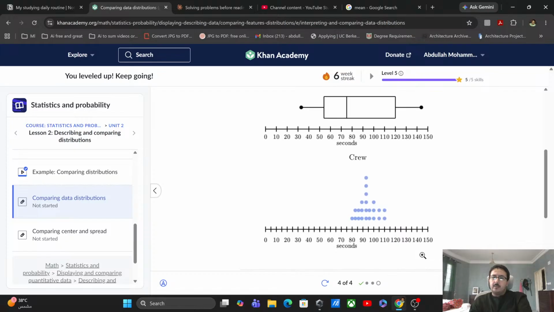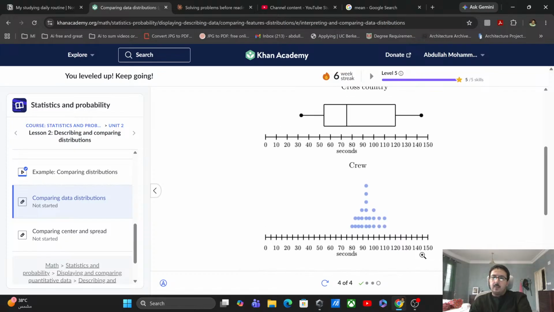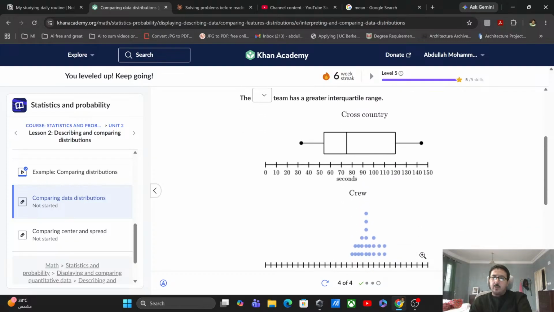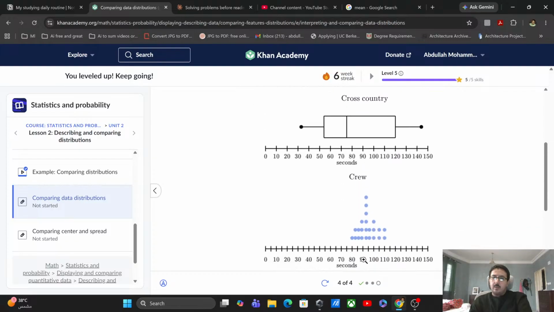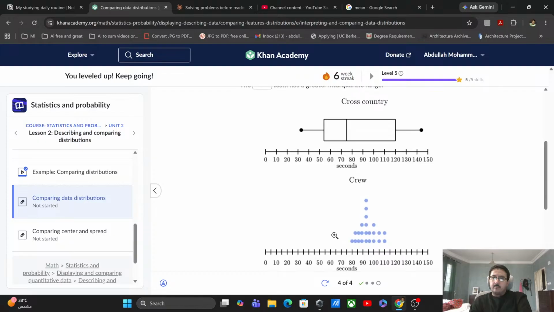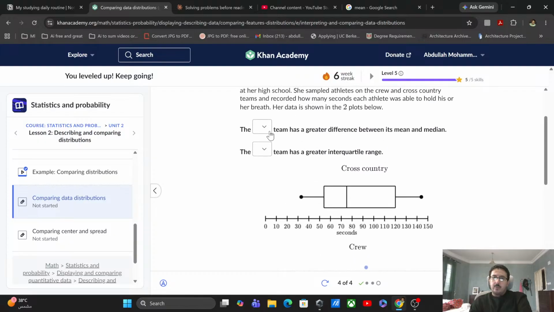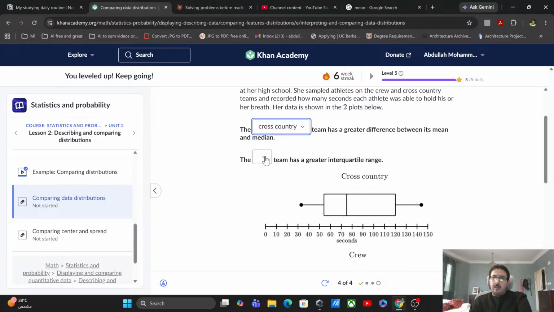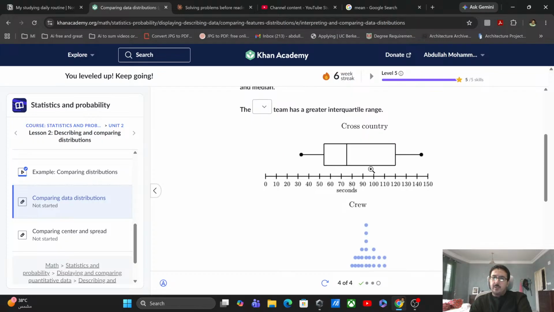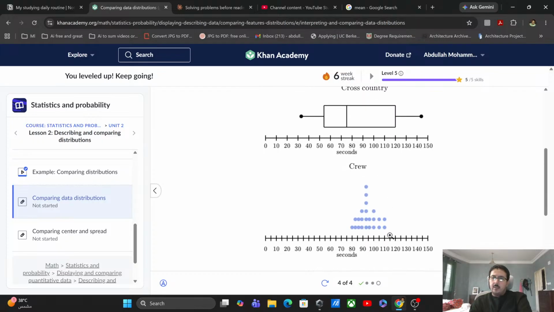I would say cross counting. There's no outliers here. Cross counting has a greater interquartile range. 20, 110.